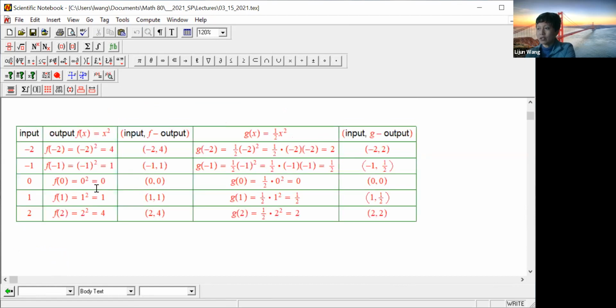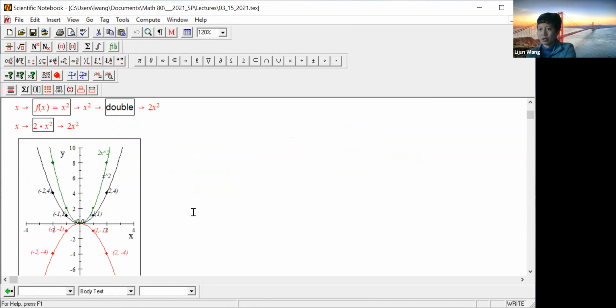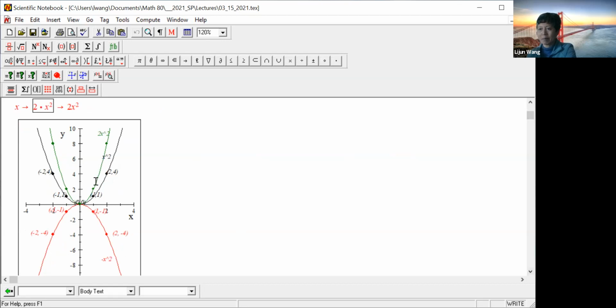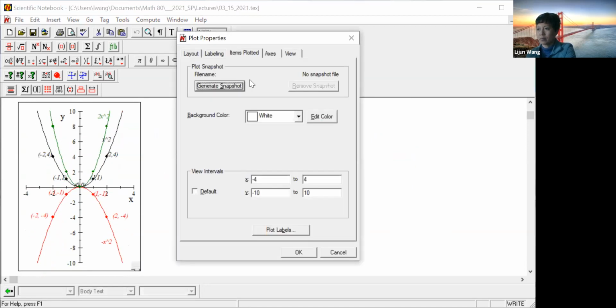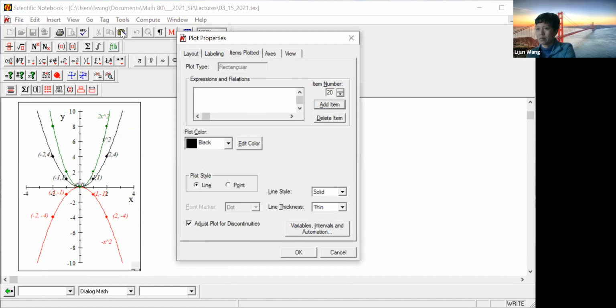On Wednesday, we'll continue this, but let's finish this, okay? Half. We're going to graph it in the same picture, but this time it's half x squared. And certainly we're going to use a different color. Let's see what color we're going to use. We're going to use this color.